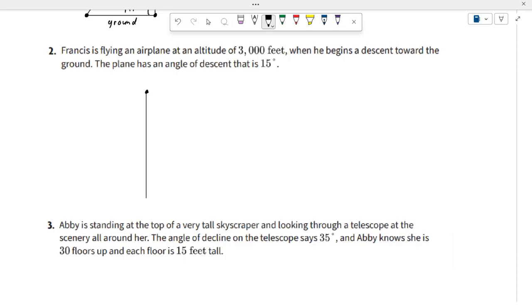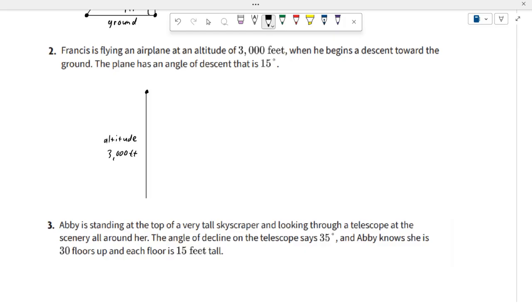Okay. So this right here is my altitude. And like I said, we are told that the altitude of the plane is 3,000 feet. Unlike number one, I'm labeling and doing numbers as the things pop up. I'm not finishing out the whole sketch first and then labeling everything.